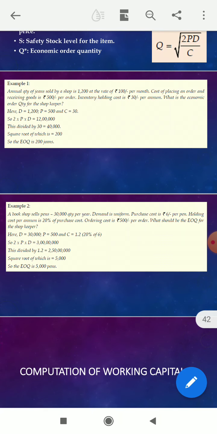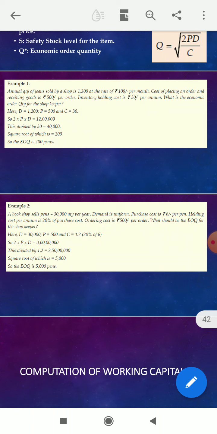Another example, a bookshop sells pens, 30,000 quantity per year. The demand is uniform. Purchase cost is 6 per pen. Holding cost per unit is 20% of purchase cost. Ordering cost is 500 per order. What should be the economic ordering quantity?